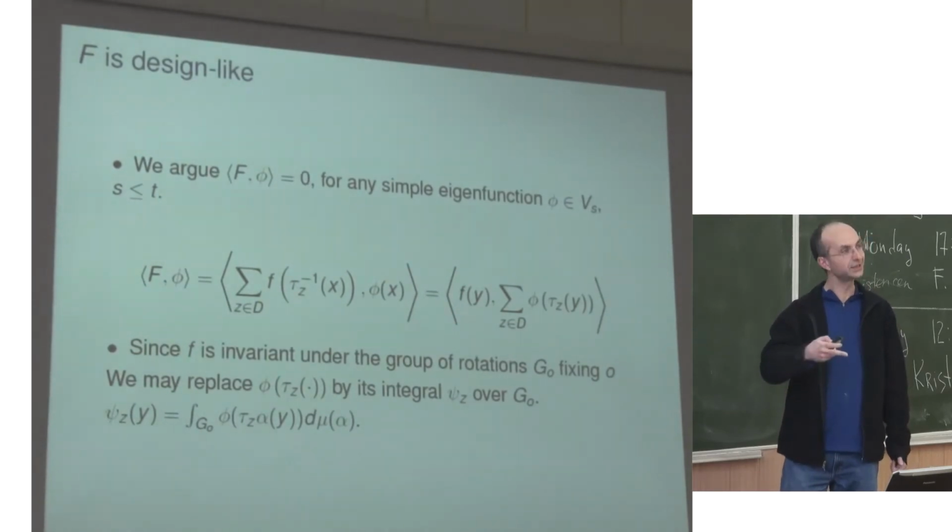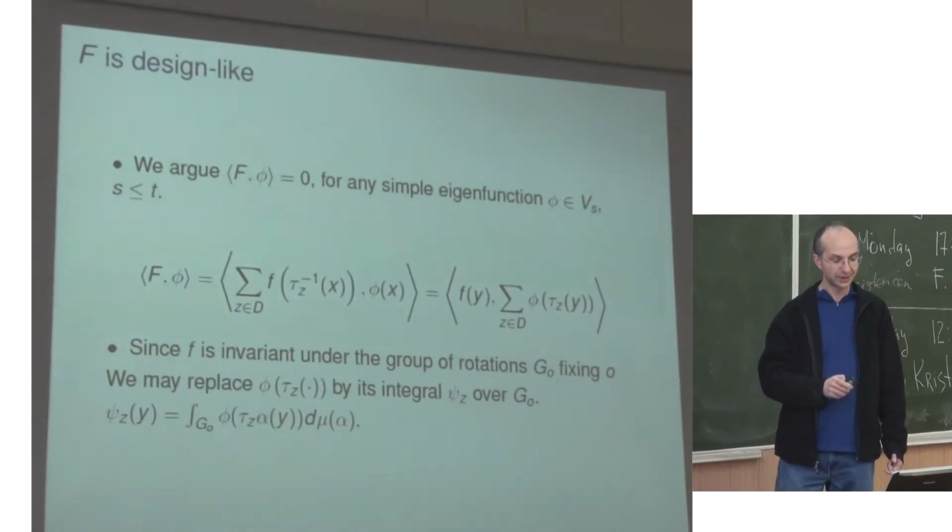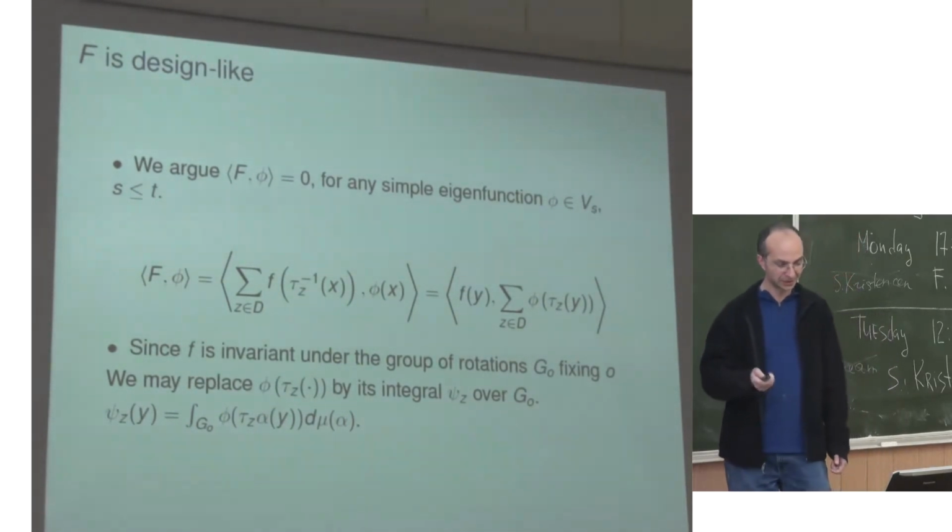This function first applies the isometry alpha, then integrates dz. Okay? So note that I'm integrating over a finite dimensional space, right? This is important. When I apply an isometry, all these functions remain eigenfunctions with the same eigenvalue, right? So they stay in the same finite dimensional eigenspace.